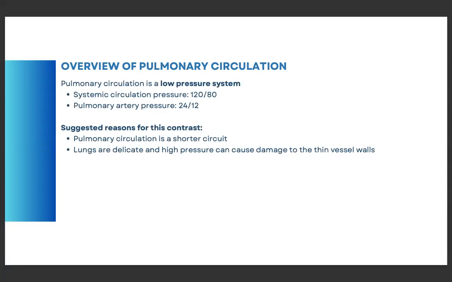The blood in the pulmonary artery just needs to get to the top of the lungs. On the other hand, the blood in the systemic circulation needs to go all over the body, from the head all the way down to the feet. The second most important reason is that the lungs are delicate structures with delicate vessels, so higher pressure can cause damage to the thin-walled vessels.